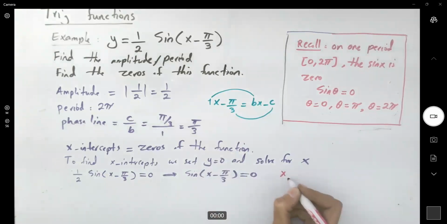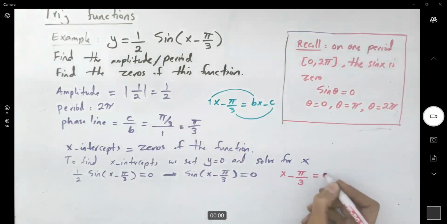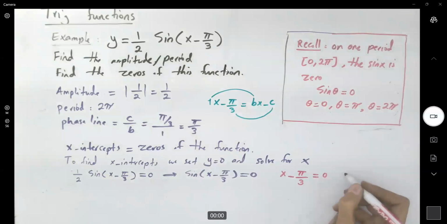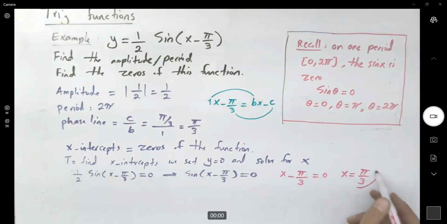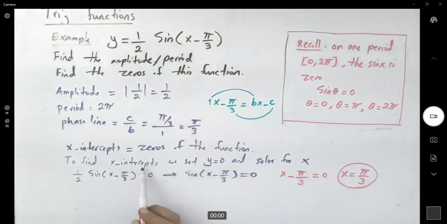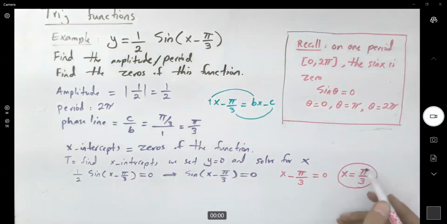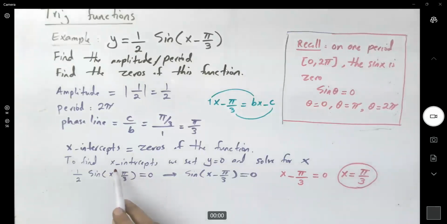You're going to take x minus pi over 3 and set it equal to 0. By solving that, x becomes pi over 3. So this is your very first value. This is the very first x-intercept. So at x equals pi over 3, you're going to have the very first x-intercept.